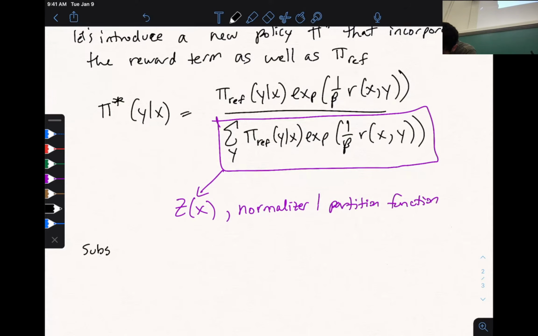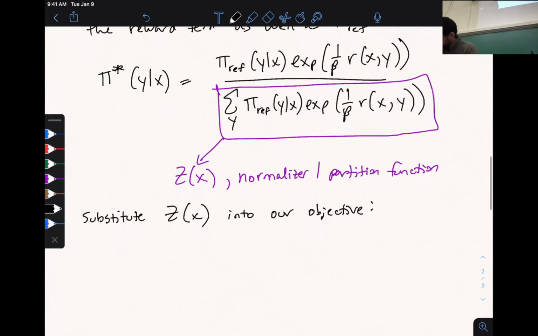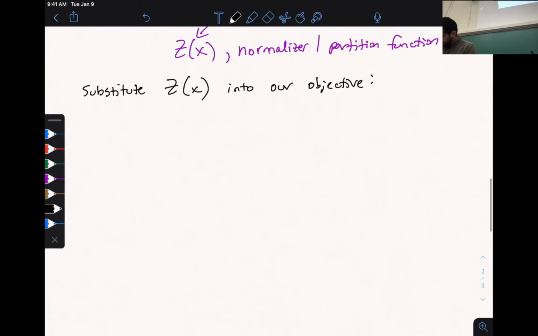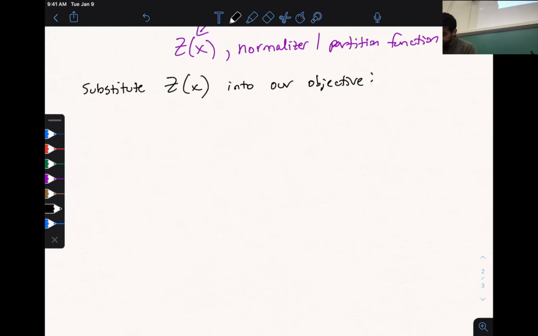So substitute z of x into our objective, and after you rearrange terms, you get, we're trying to find the policy that minimizes the following.